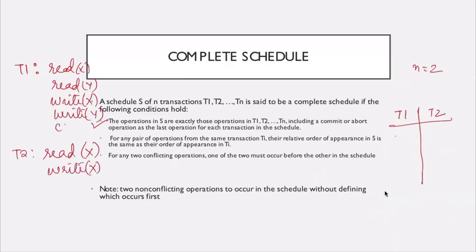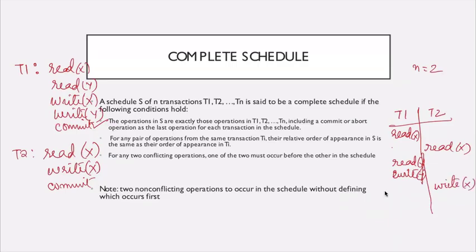And then of course here I may have a commit. Here also I may have a commit. Okay. So in the schedule, when we put T1 and T2, all these operations must be there. Read X, maybe read X, read Y, then write Y. Okay. Then I may have a write X here.